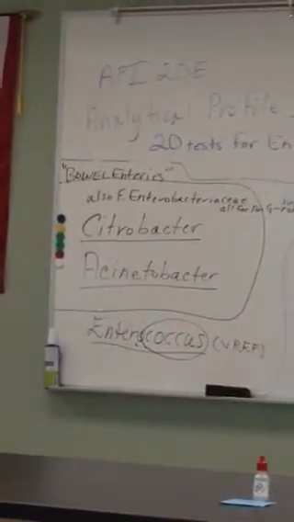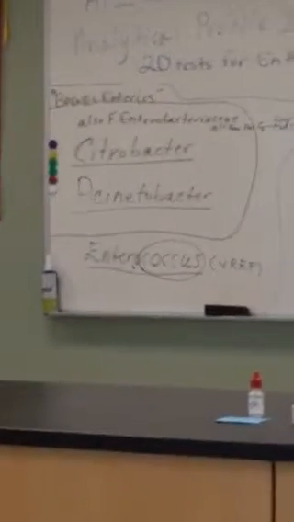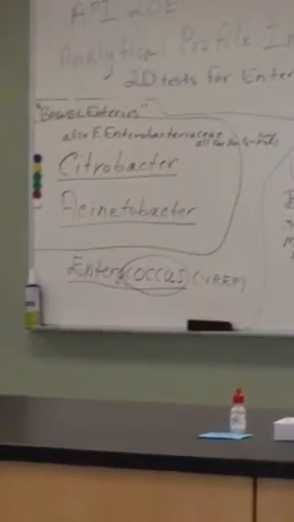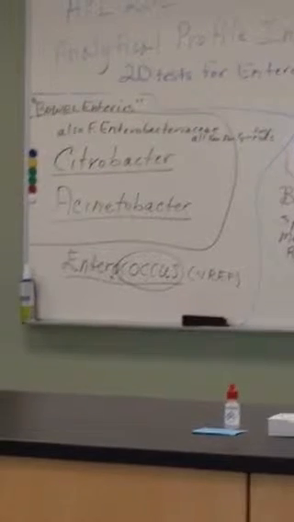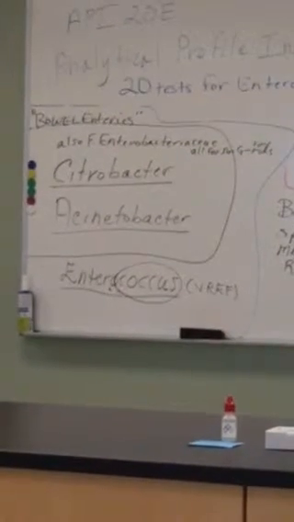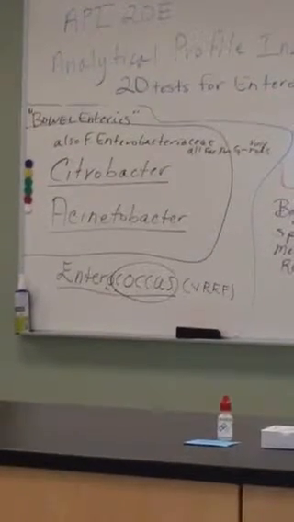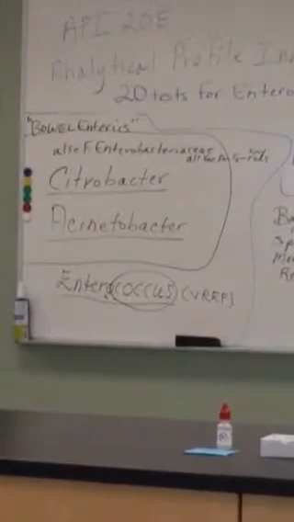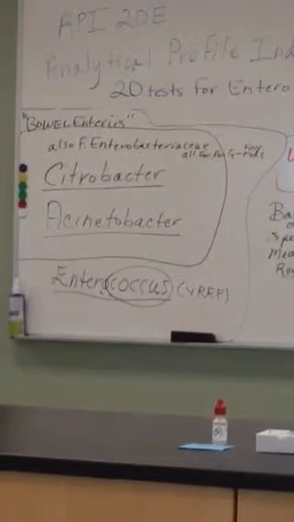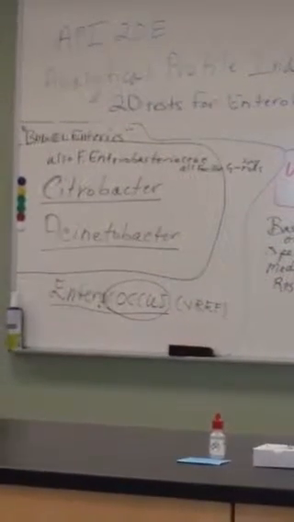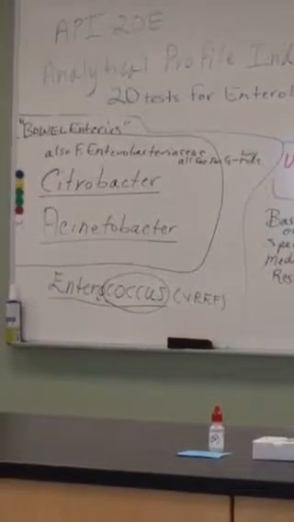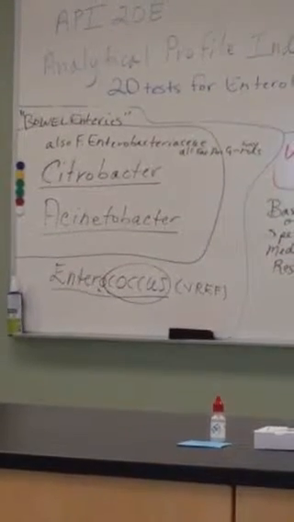So when you read your question, it should not be confusing. It'll say, which of the following enterics is not gram-negative? Which of the following enterics is gram-positive? Or which one of the following does not belong to the family Enterobacteriaceae? So the question will be clear. But just keep in mind, they're all enterics, but Enterobacteriaceae is a specific family of enterics.